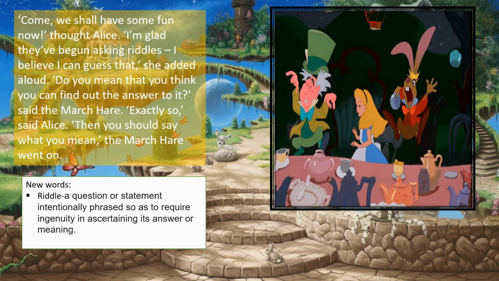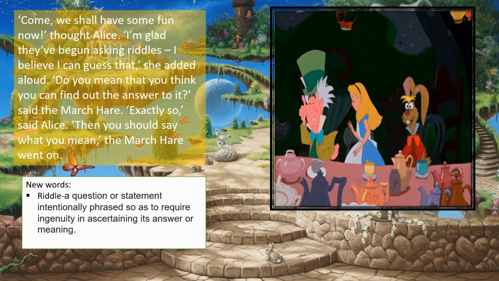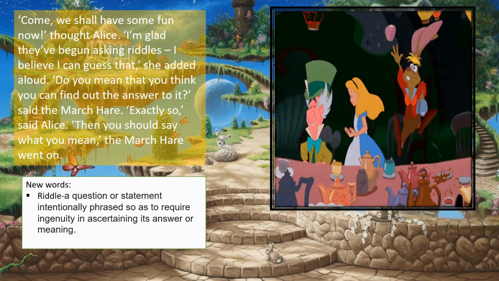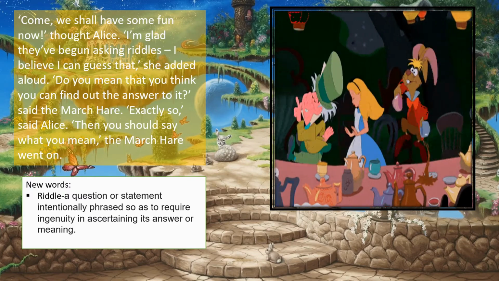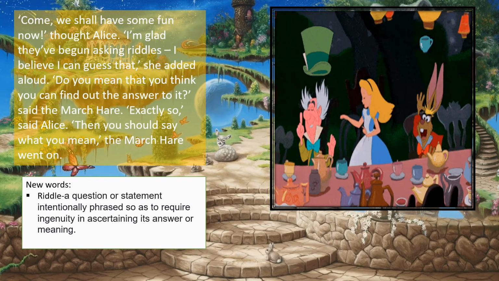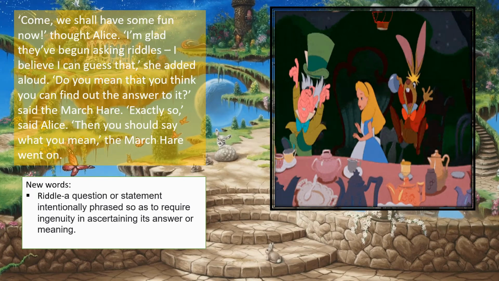"Then you should say what you mean," the March Hare went on. New words. Riddle: a question or statement intentionally phrased so as to require inquiry in ascertaining its answer or meaning.